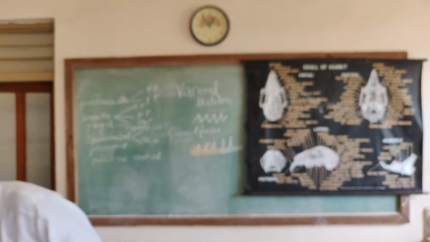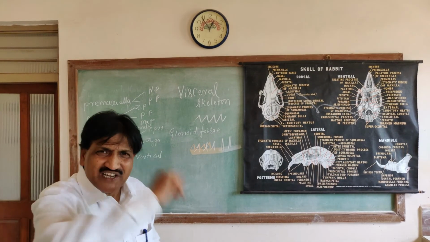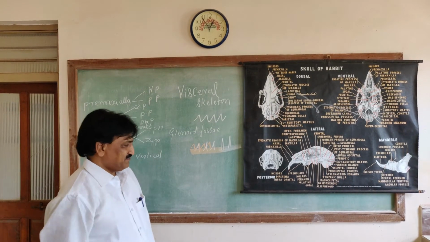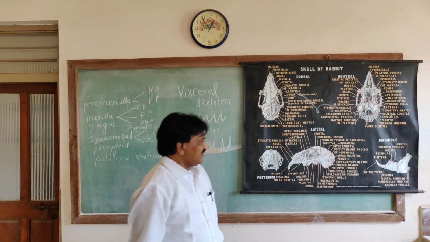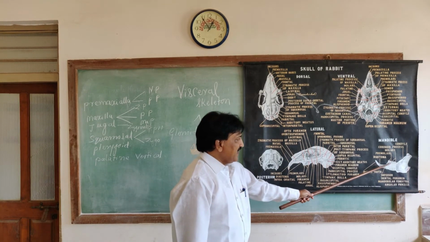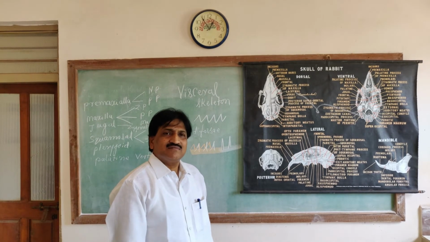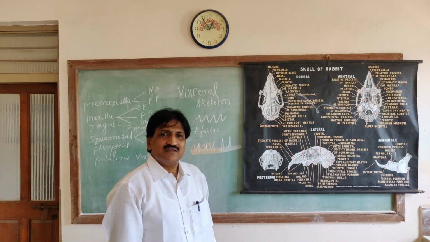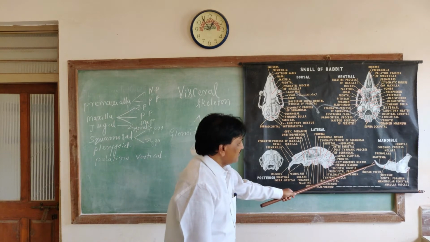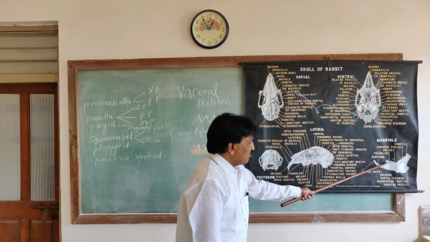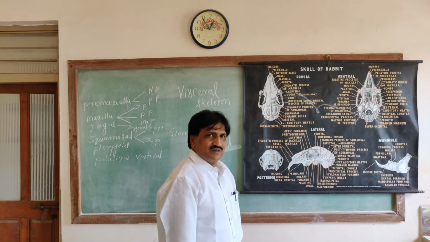Now here, what parts are present in the lower jaw? The dentary bears a total of 6 sockets, having incisor, premolars and molars.